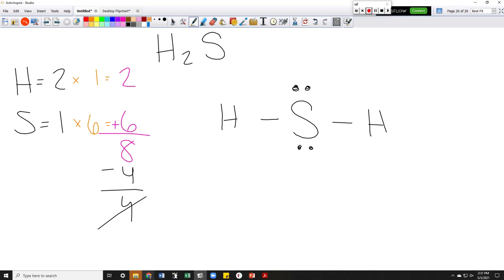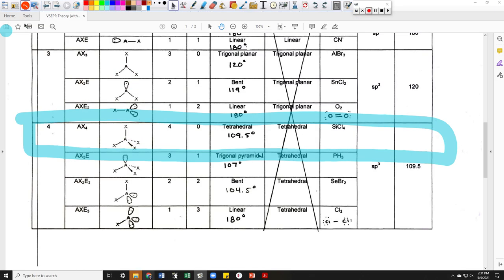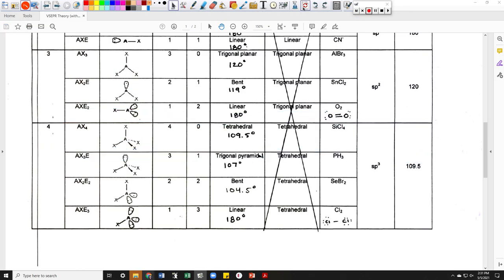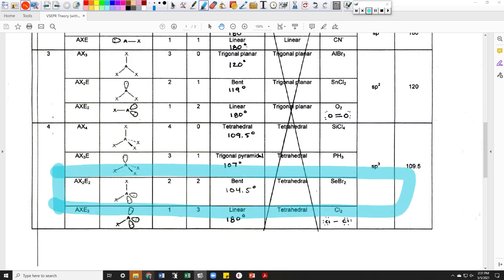AB2E2. So now consult your VSEPR theory sheet and everybody find AB2E2. So what shape does that correlate to? Bent.